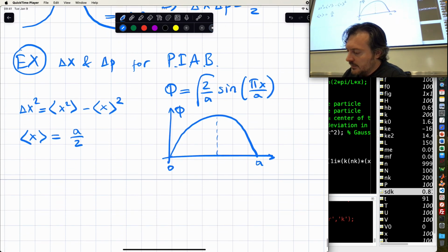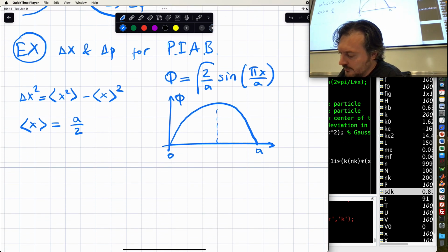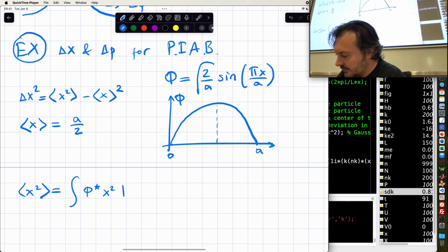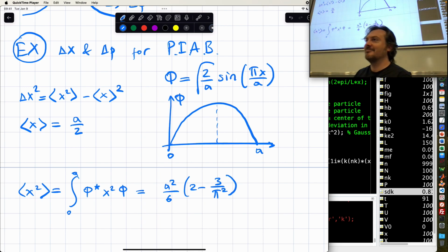And after doing some calculations, you can show that the integral of phi star x squared phi from 0 to a actually gives you a squared over 6 times (2 minus 3 over pi squared). Okay? Some mathematics has gone into that.